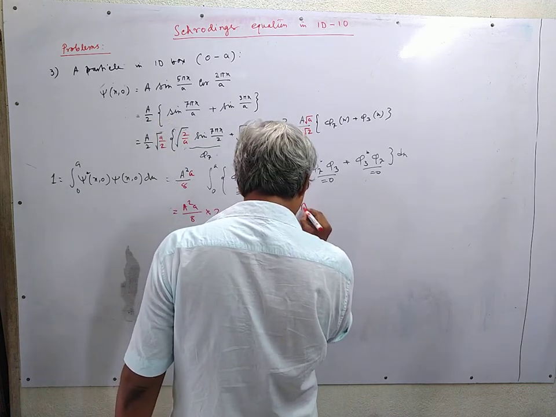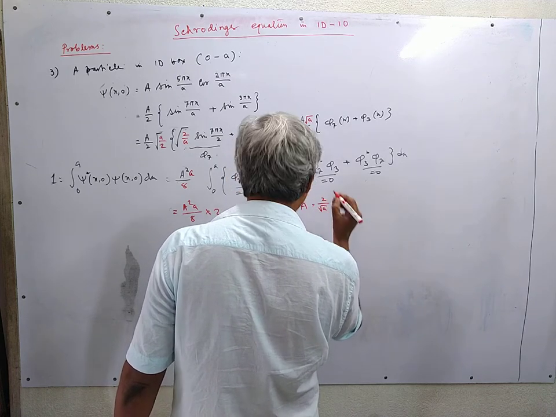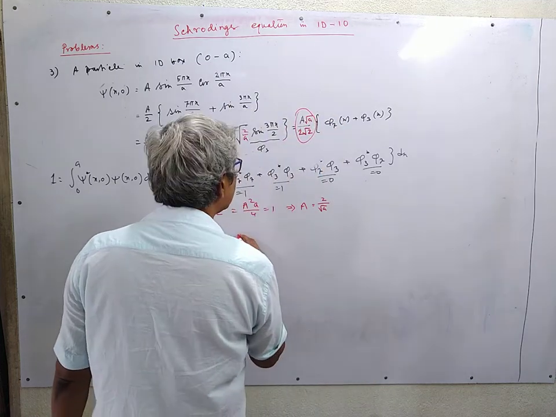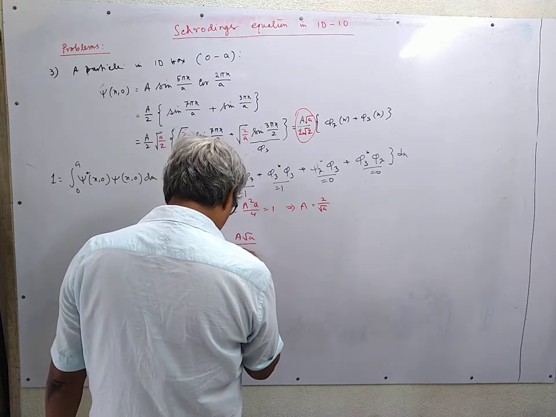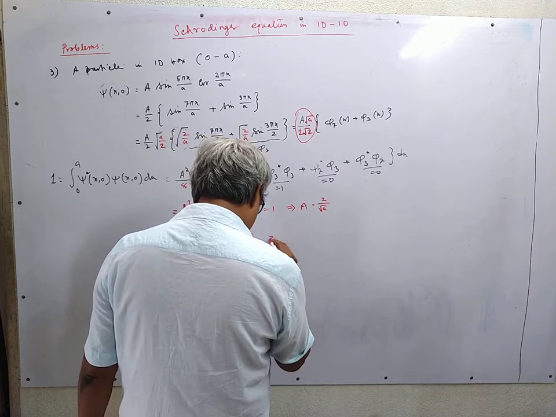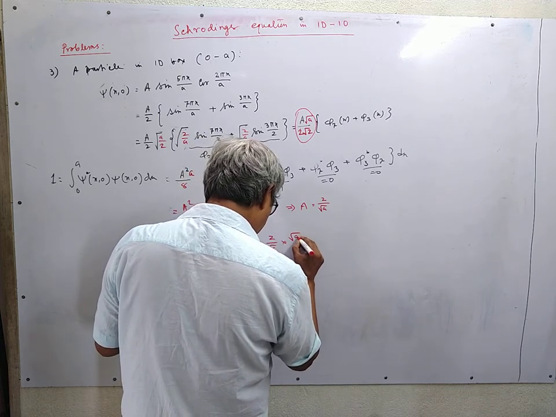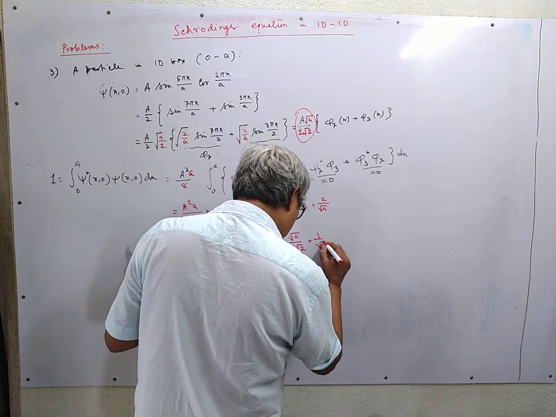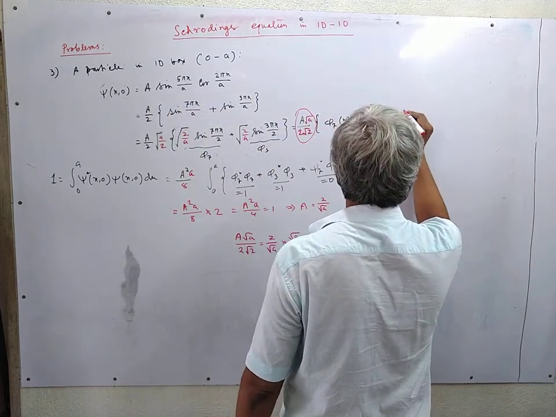That gives you A is equal to 2 by root a. So that this factor A root a by 2 root 2 is equal to 2 by root a for capital A, and then a 2 root 2. So this is 1 by root 2 as it should be. So this is the normalized wave function.